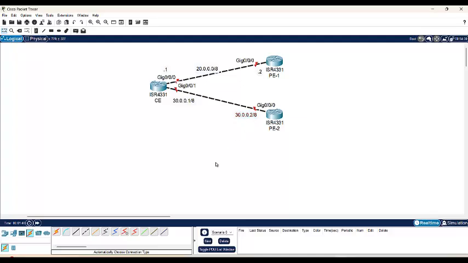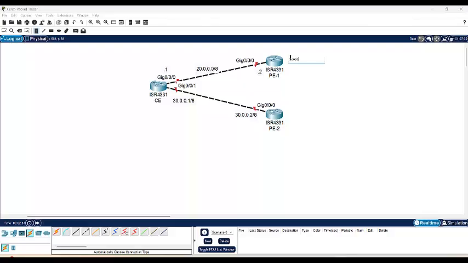Now, as we are learning static routing, I also want to introduce something called a loopback interface. Listen carefully. I just want to have a network here. Instead of having a real network, I can create a virtual one like this.